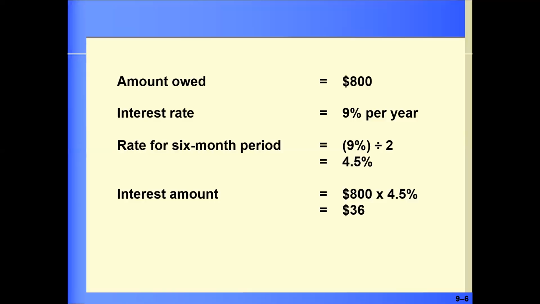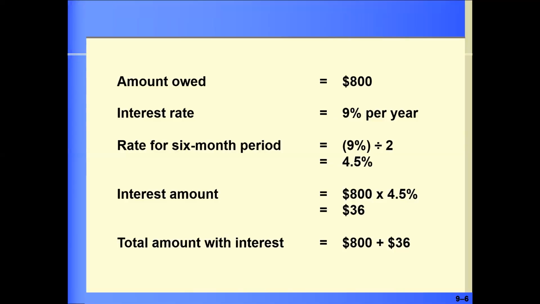So at the end of 6 months, she owes you the $800 of principal plus the additional $36 that you're charging her for interest at 9% a year for 6 months. Does this make sense to you?